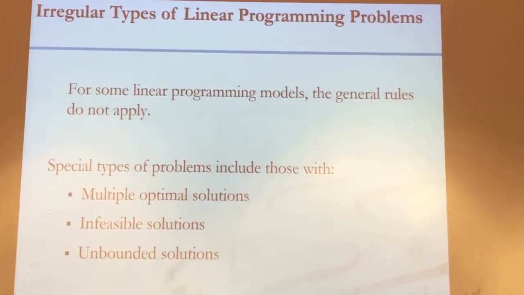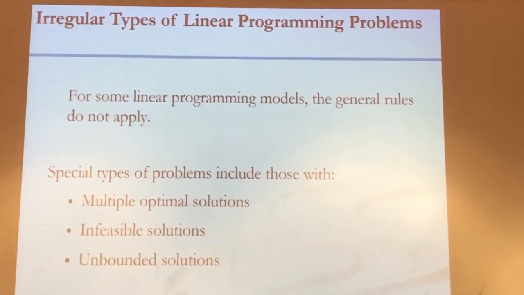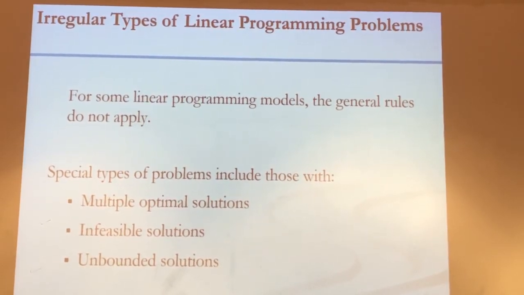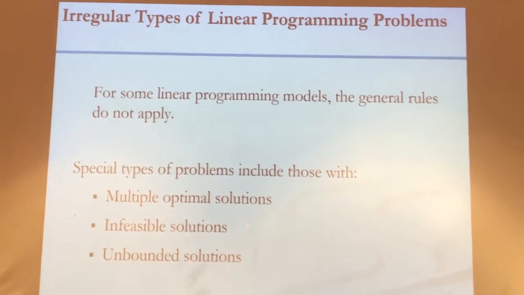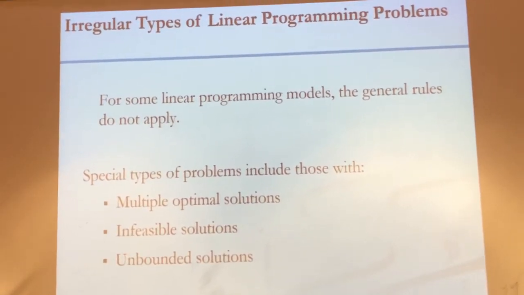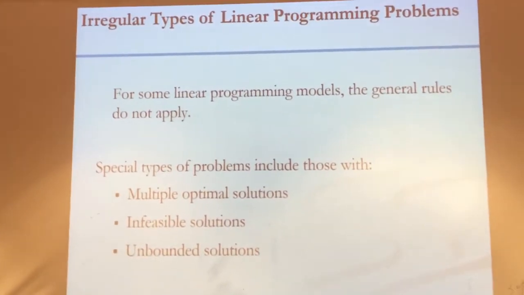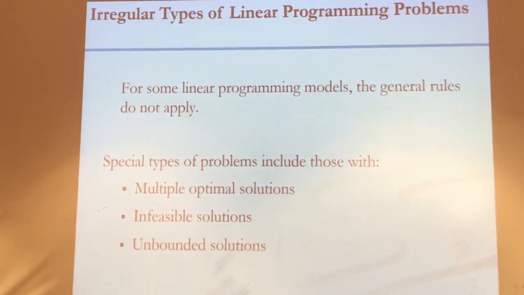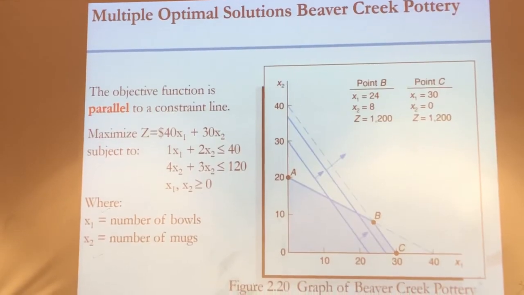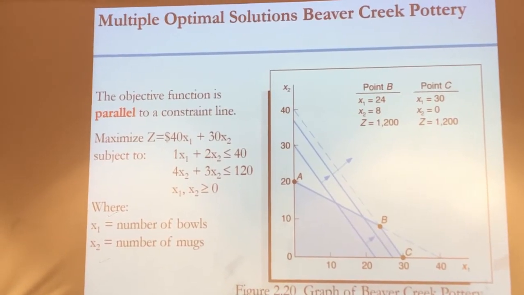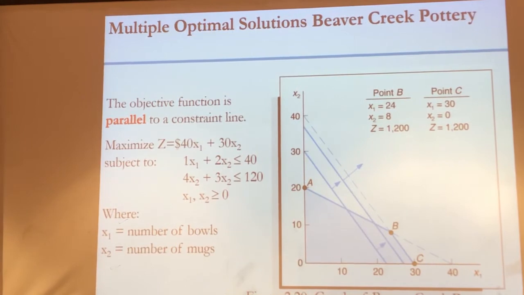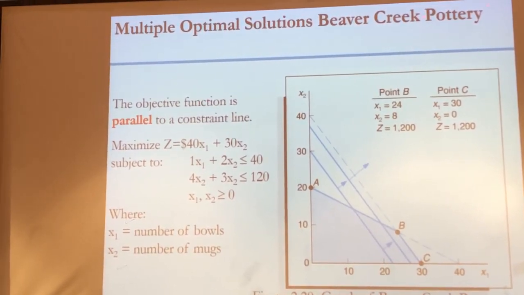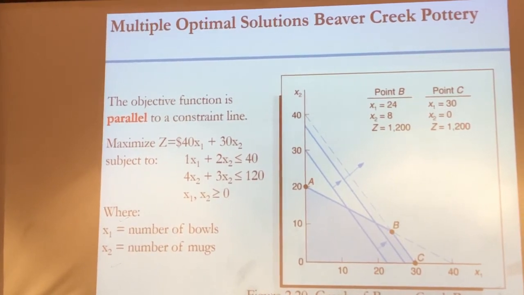The next topic is some special cases with irregular types of linear programming problems. These special cases are multiple optimal solutions, infeasible solution, and unbounded solution. Let's see what these special cases are. Here you see the same problem we have seen earlier, the Beaver Creek pottery case in the last lecture.